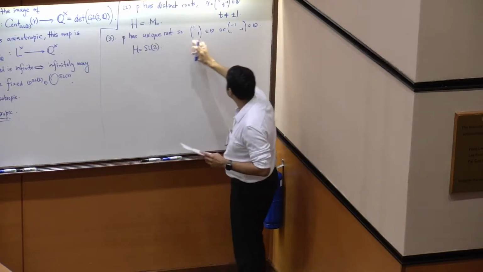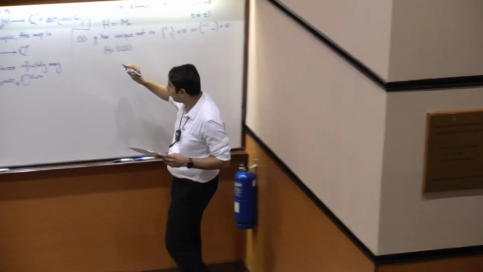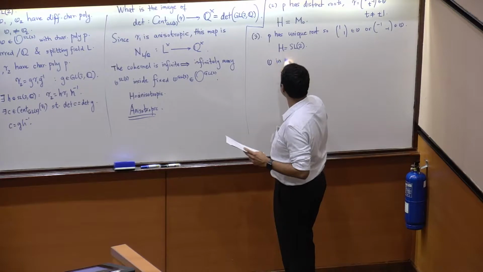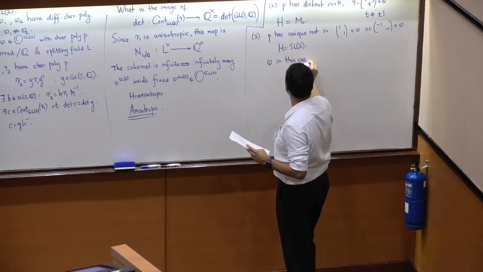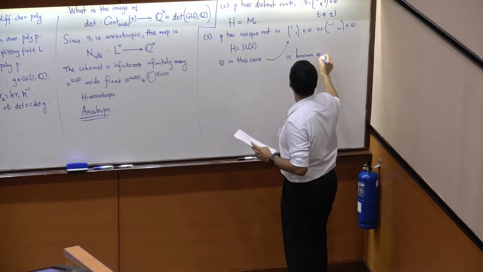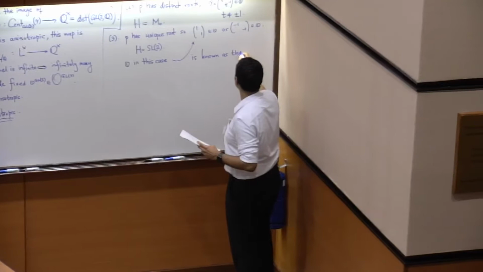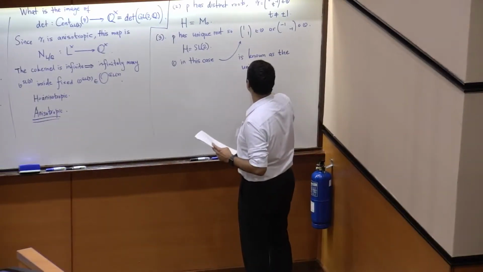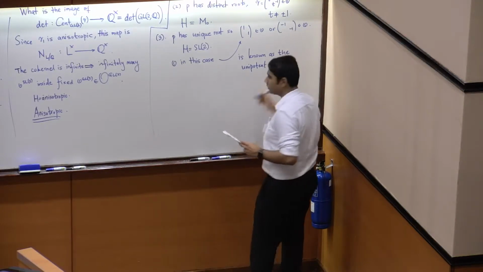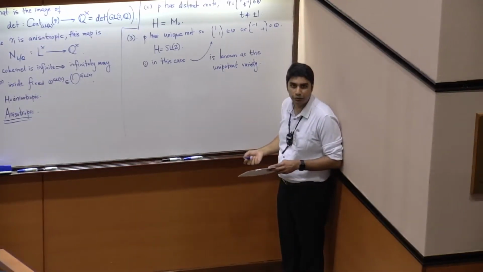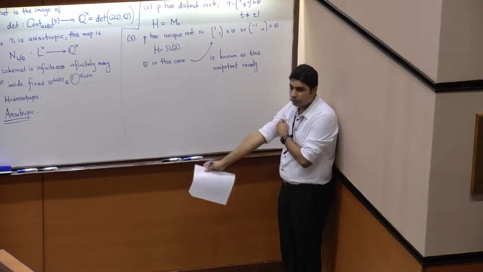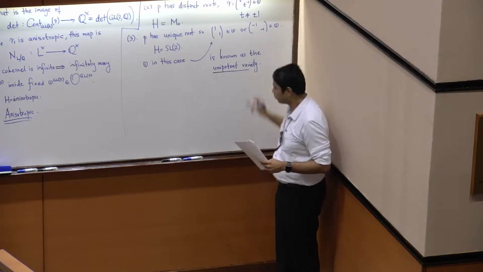And if you look at either this element or this element, the O in this case is known as the unipotent variety. Because it is the collection of all unipotent elements inside G(Q). And it's a variety also. It's an intersection of closed sets. So it's a variety. It's known as the unipotent variety.